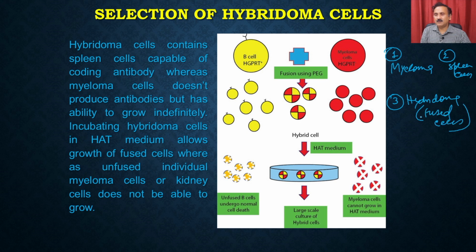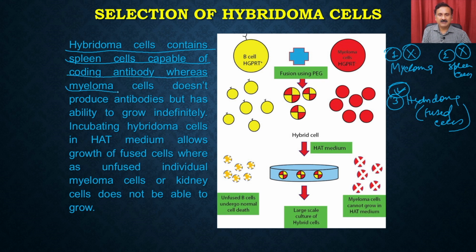So you have to use some property which is going to destroy the myeloma cells, destroy the spleen cells, and then allow only the hybridoma cells to survive. Hybridoma cells contain the spleen cell genes capable of coding the antibodies, whereas the myeloma cells do not produce the antibodies but have the ability to grow indefinitely, right?